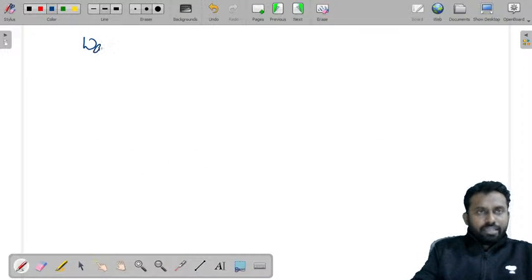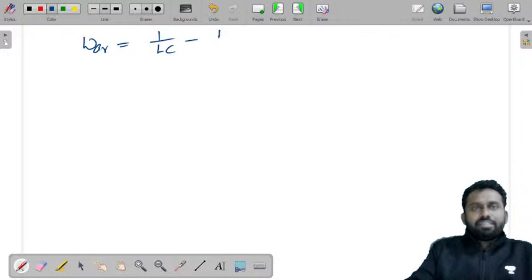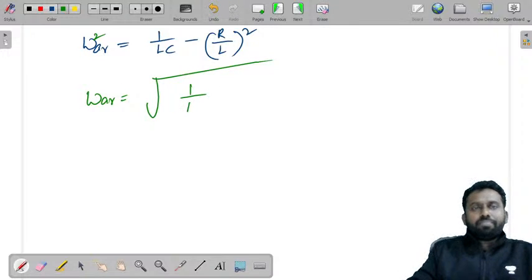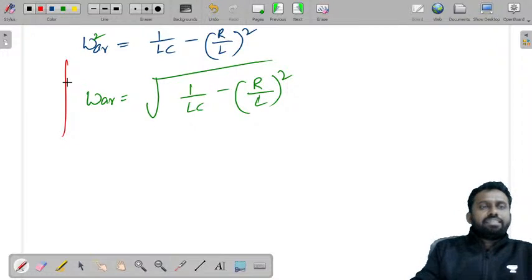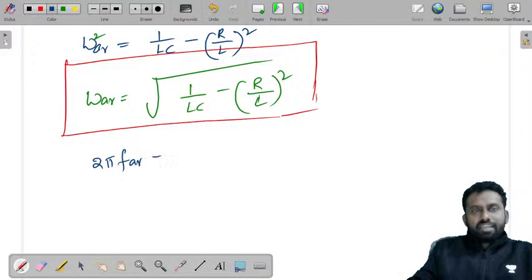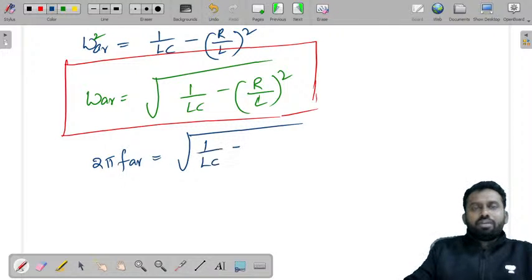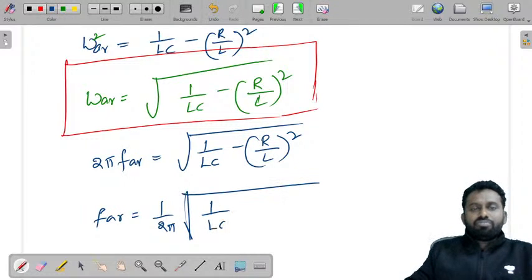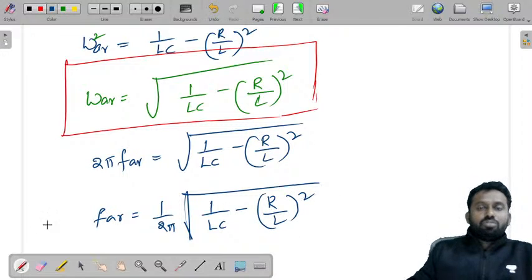So you know omega_ar square is equal to 1 by LC minus R by L whole square. Omega_ar is equal to root over 1 by LC minus R by L whole square. So this is the anti-resonant frequency of the given parallel circuit, or we can also write it as 2 pi f_ar is equal to root over 1 by LC minus R by L whole square, or f_ar is equal to 1 by 2 pi under root of 1 by LC minus R by L whole square.